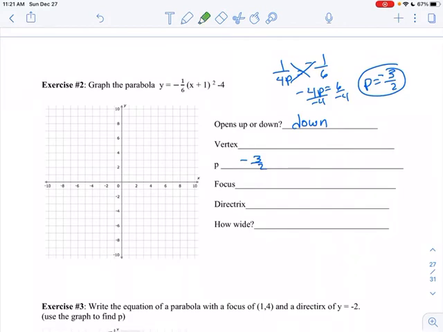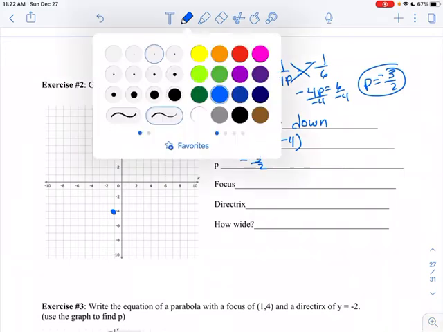My vertex comes from here. But remember, I have to change the sign for the h, so my vertex is going to be negative 1, negative 4. So I'll start by plotting that point: negative 1, 1, 2, 3, 4. My focus is going to be p away, so it's basically negative 1.5 away.